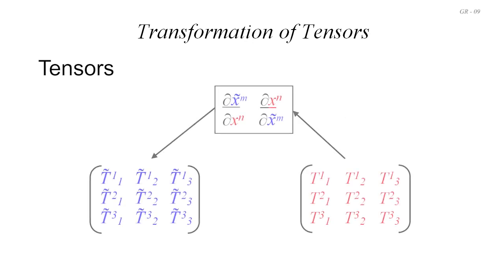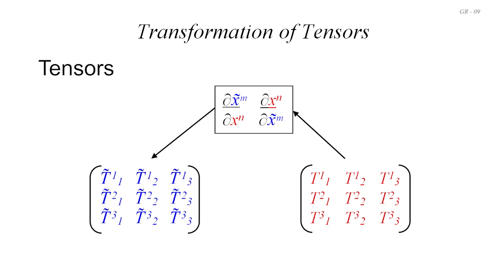like this, where we would have to multiply each of the 9 components of the red tensor by 2 different differential terms. Again, the m and n in this box are simply for illustration, but notice that these differentials are the opposite of one another. The first is converting the contravariant upper part of the tensor components, and the second is converting the covariant or lower part.